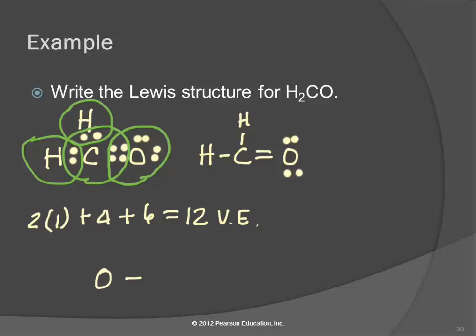Put oxygen in the middle and carbon over here and hydrogen and hydrogen. So just from the bonds now, I've got 2, 4, 6 electrons. 8, 10, 12. Again, that's not going to work. So we need a double bond in here.